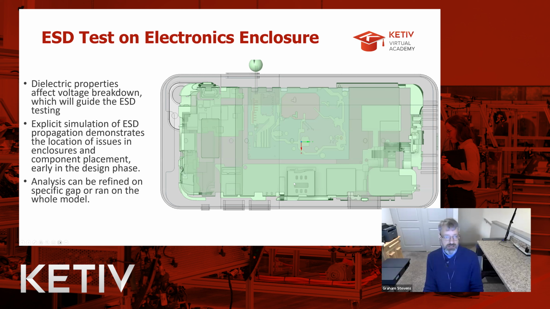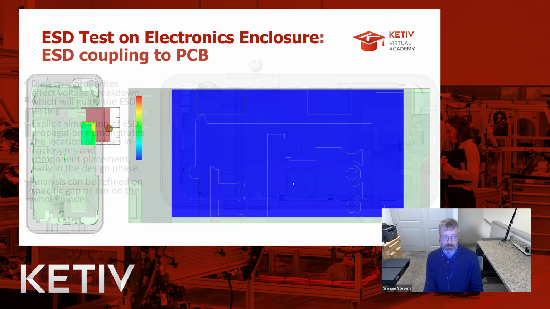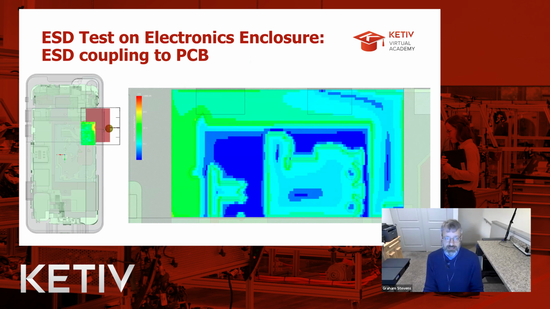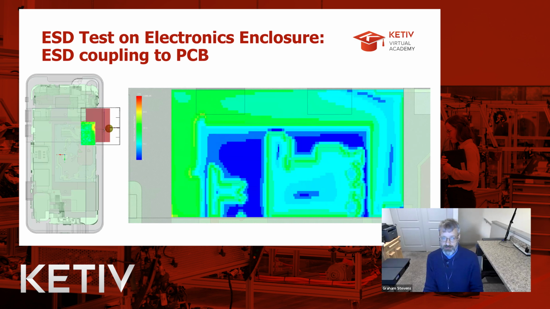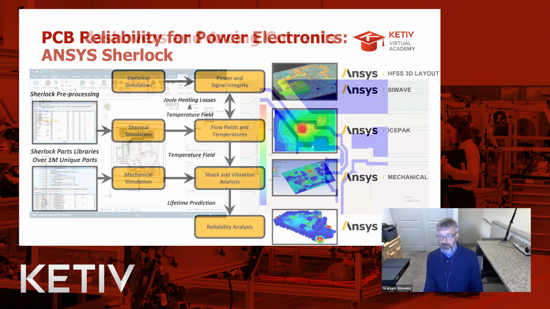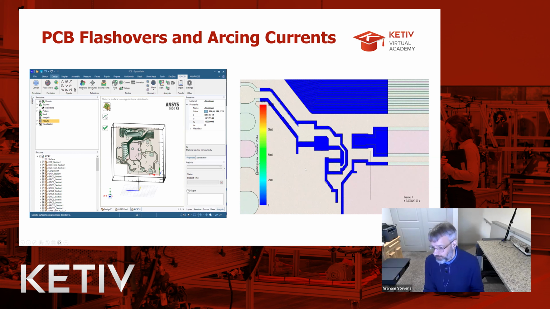And we can look at them in a PCB board here, just looking at ESD coupling to the PCB from the enclosure. We can look at PCB flashover and arcing currents as shown here, and get a good sense of what's going on here in terms of arcing before we even get there.